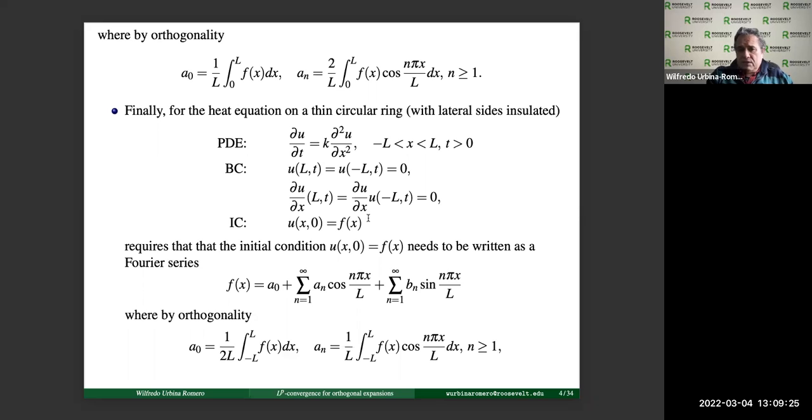And for the initial condition, in that case you get a full Fourier series, sine and cosine series, with, by orthogonality, in that range negative L to L, the coefficients in this form.